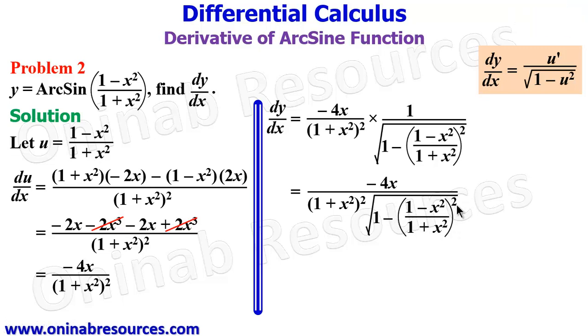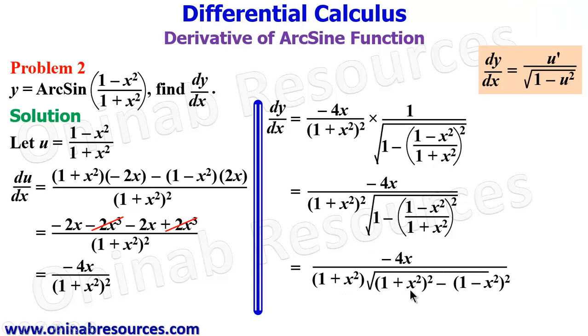Is it possible we leave it like this? We can still simplify further. If we simplify further, we are going to have minus 4 over 1 plus x squared times the root of 1 plus x squared all squared minus 1 minus x squared all squared.